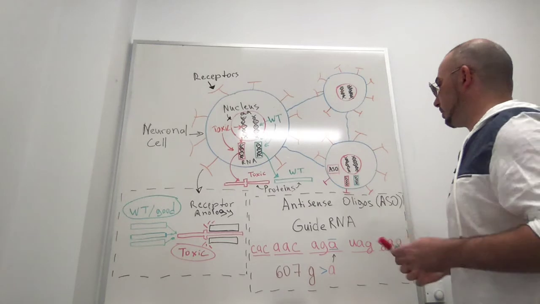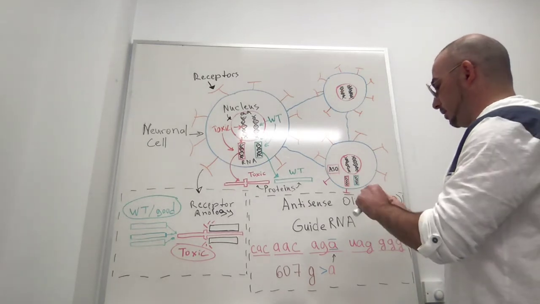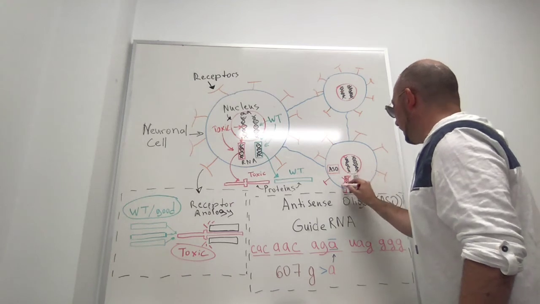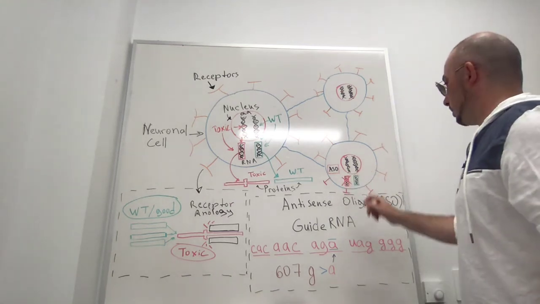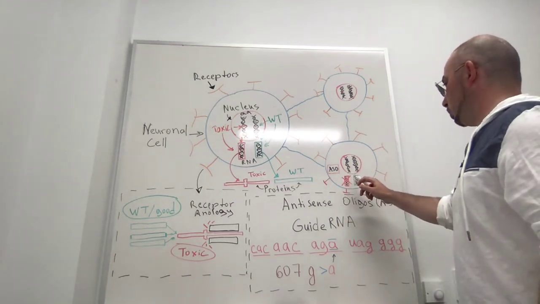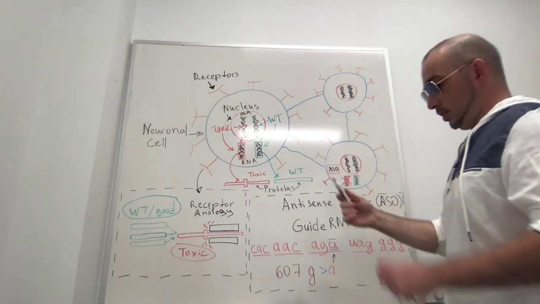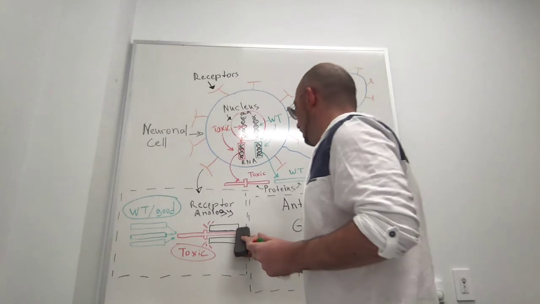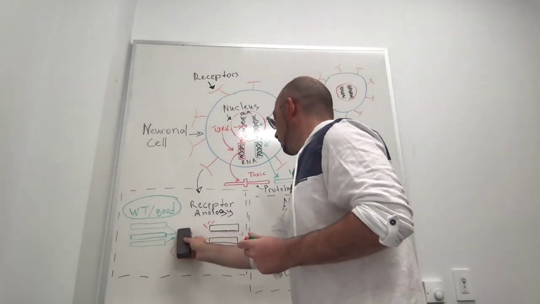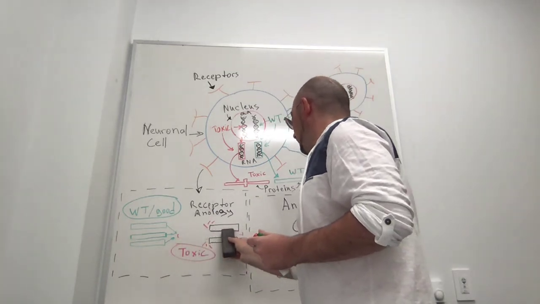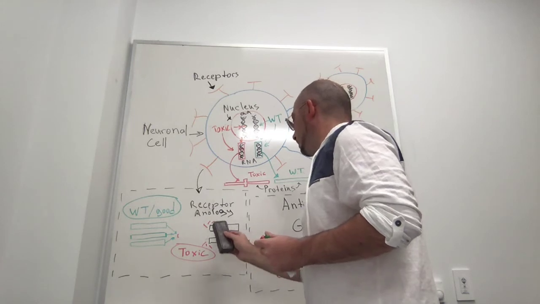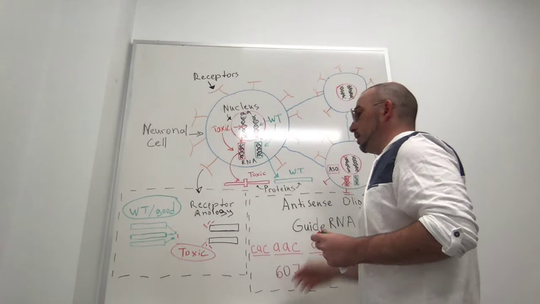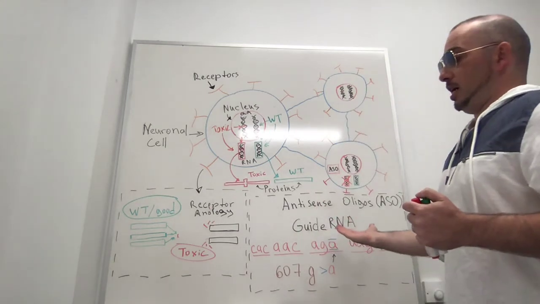And the moment that toxic sequence is identified, it's going to invalidate this protein. It's not going to create this toxic protein. And so what you're going to end up with is literally only good wild type proteins here.